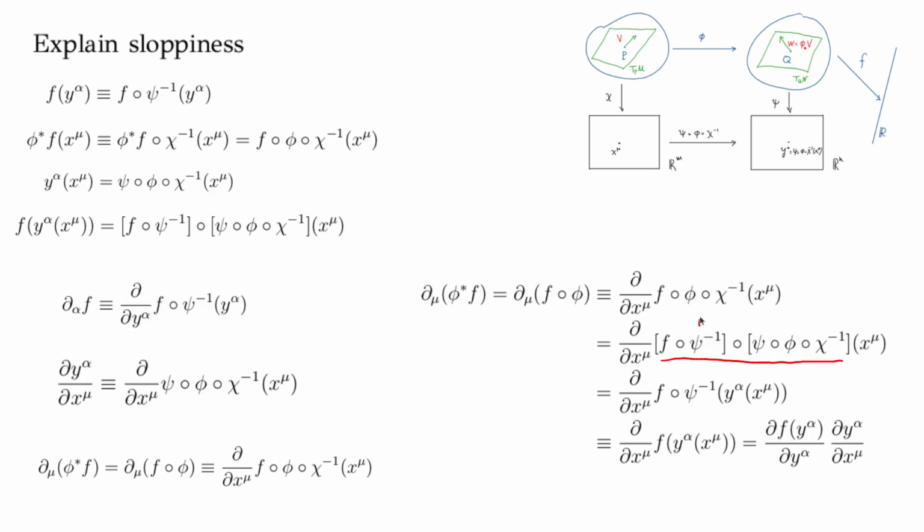You see here that I inserted the unit function, psi inverse composed with psi, so that is a trivial operation. But this function here is nothing but y alpha as a function of x mu. And then this function here will give us f of y alpha of x mu.